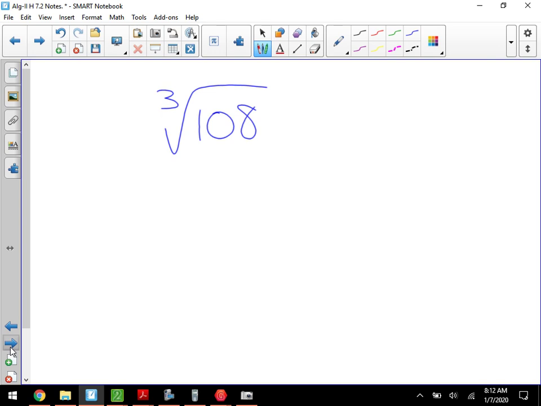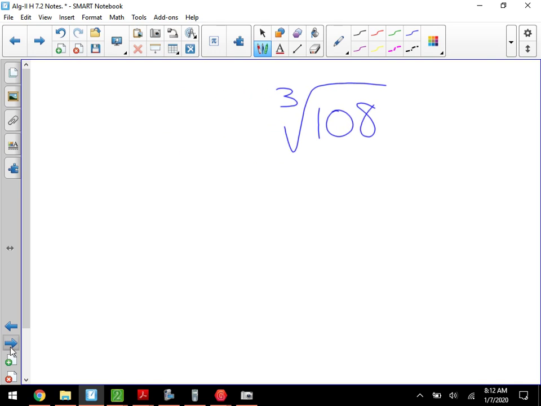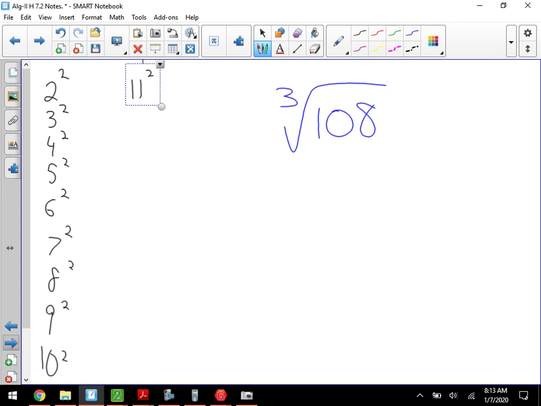Okay. Now, we should all know that you should all know your perfect squares all the way through 20. What is this?